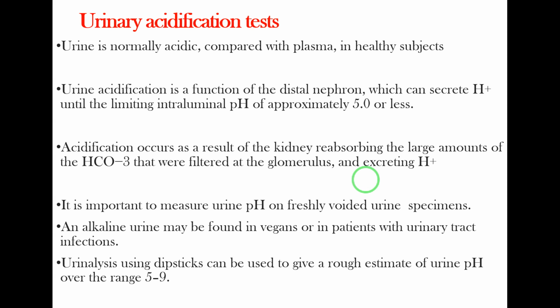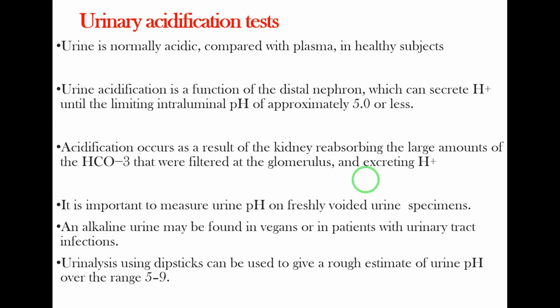If there is a defect in the acidification power of the kidney due to damage to the cells of the renal tubule, then the urine that is produced will not be acidified to a degree proper to the need of the pH of the body. So we will test it. We take fresh urine and test the pH.